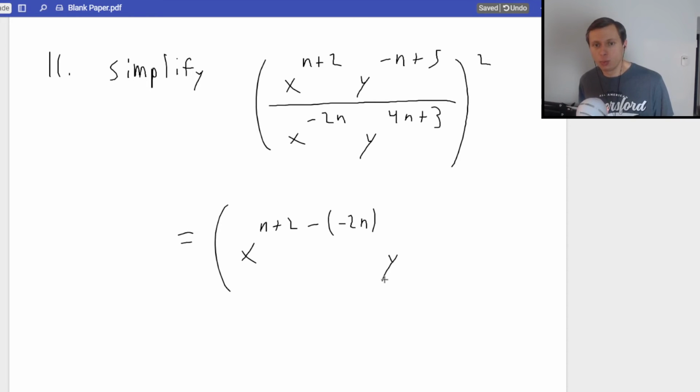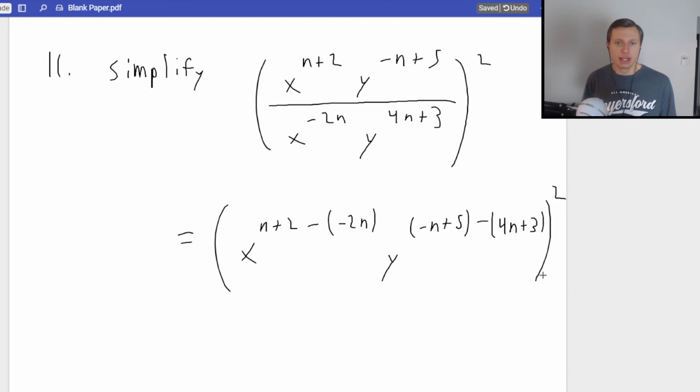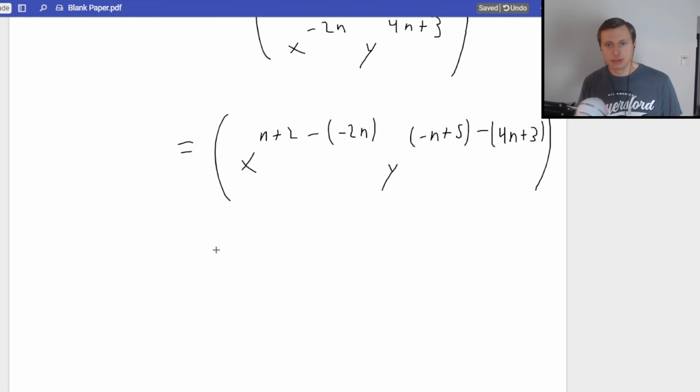Then times y to the negative n plus 5 power minus 4n plus 3. So I'm just subtracting the thing in the denominator. Close parenthesis, this whole thing is squared. Now let's simplify this. So my x is going to become n plus 2 plus 2n. So that's actually going to be 3n plus 2. I'm just going to write that real quick.